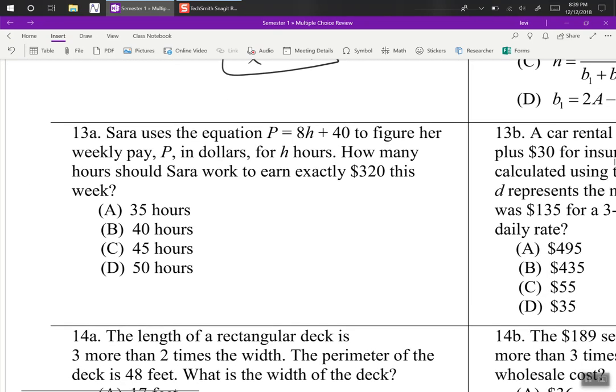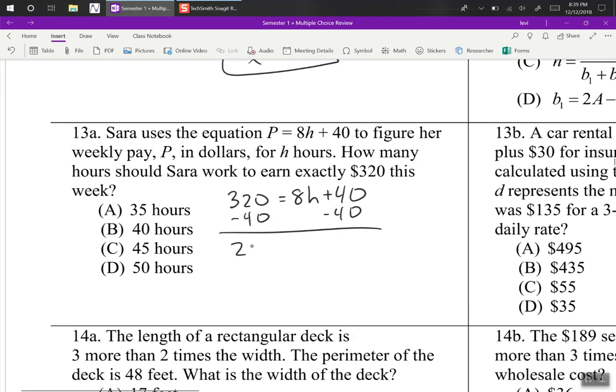13. Sarah used the equation P equals 8H plus 40 to figure her weekly pay, P in dollars, for H hours. How many hours should Sarah work to earn exactly $320 this week? So we're going to say 320 equals 8H plus 40. Subtract 40, subtract 40.